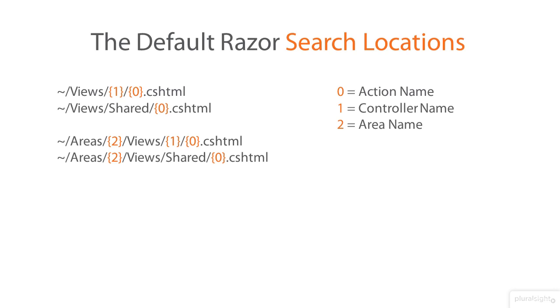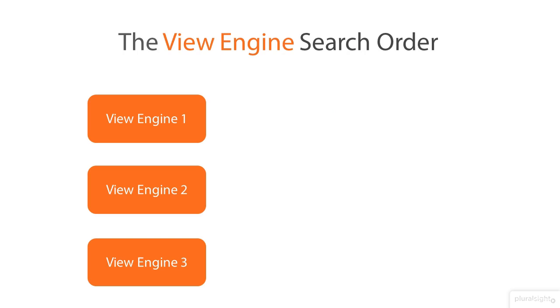You can change the locations that the view engine searches by either building a custom view engine or just extending an existing one. One other important aspect of view engines is that multiple implementations can be registered at the same time for a given application. They are utilized in the order that they're added to the view engine collection. As soon as one of them finds a view, the search is finished.